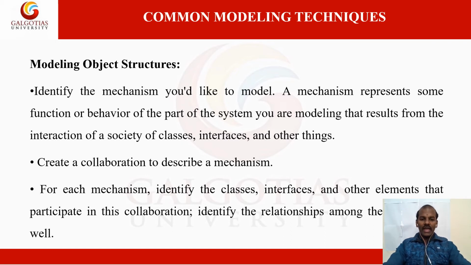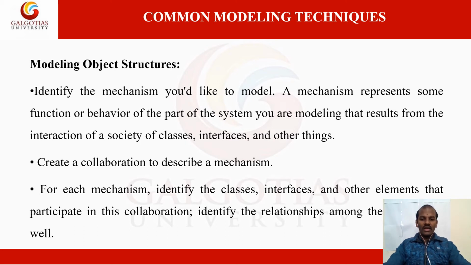For each mechanism, you have to identify the classes, and after identifying the classes, you are supposed to identify what kind of relationship is suitable for communication between two different classes or two different objects, and the other elements that participate in this collaboration.